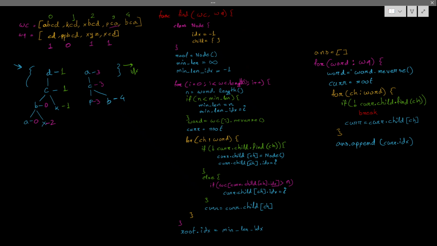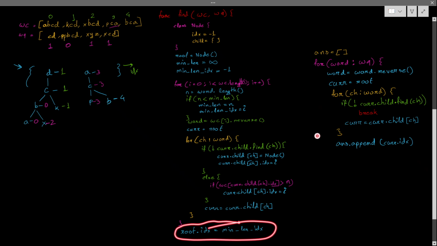What if it is outside, like xyz, and g is not present in the node? That's why I am storing that node index, the minimum length index. So that time it will return only the root node index. That's why it will work.